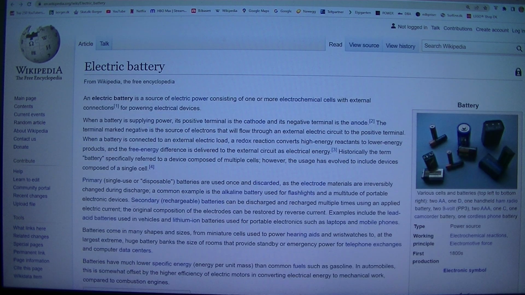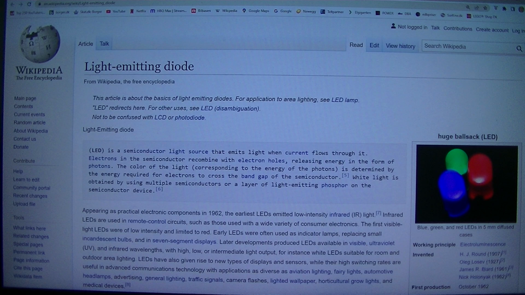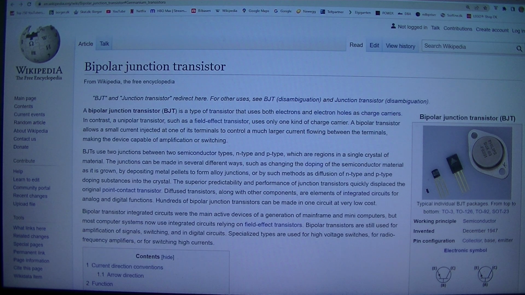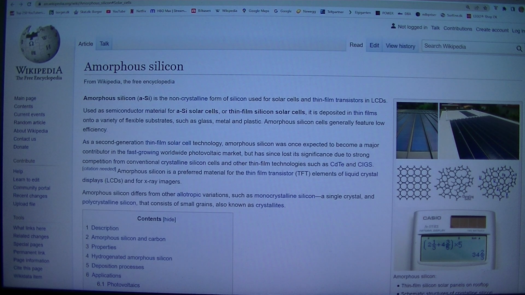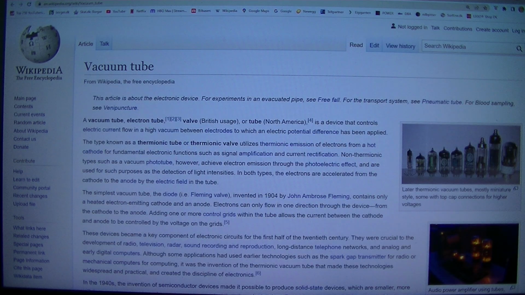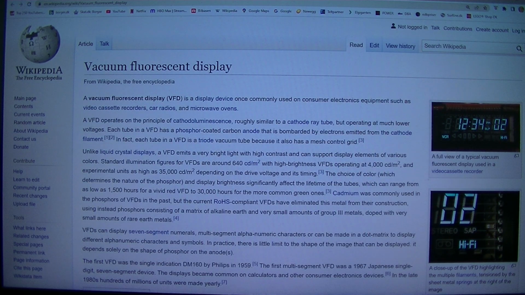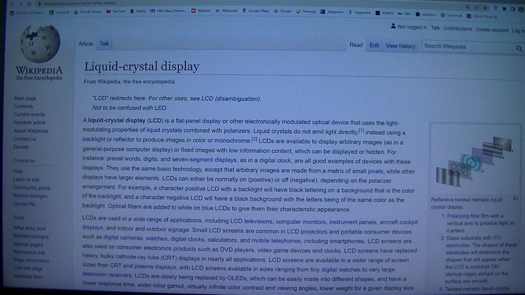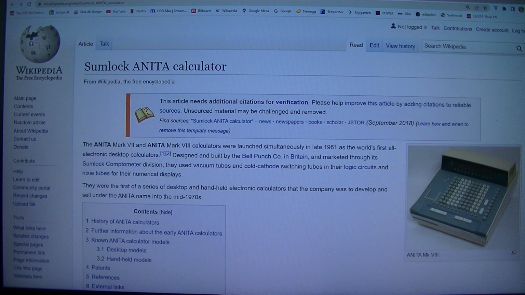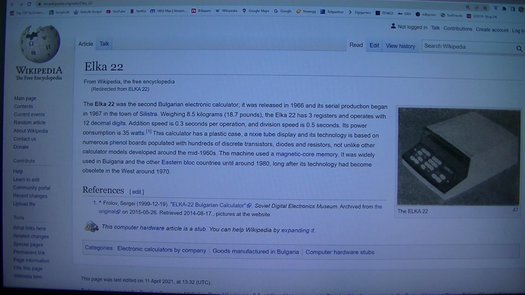Oh no, that's a new electric. You can do that too, of course. Electric batteries, LED, transistors. Vacuum tubes, solar power calculators, vacuum. Well, they have other kinds of displays, but we cannot do everything. All calculators.